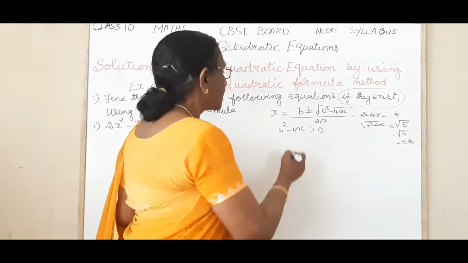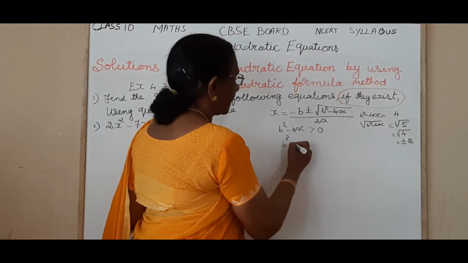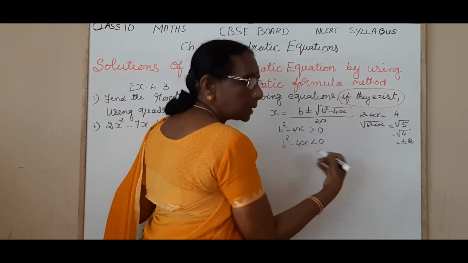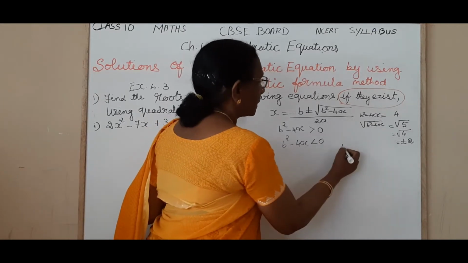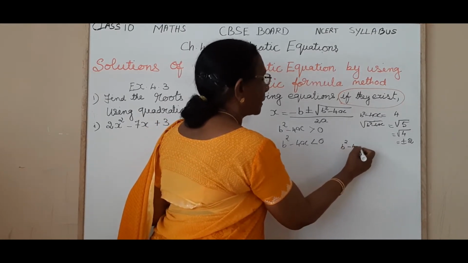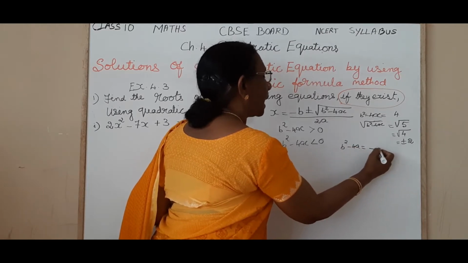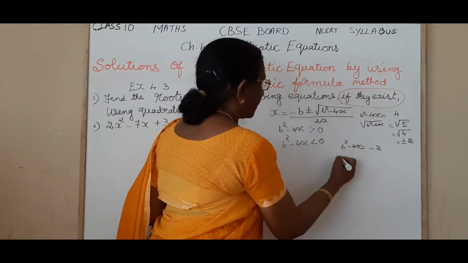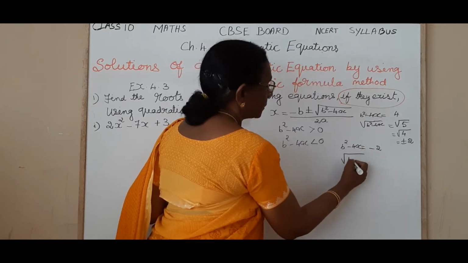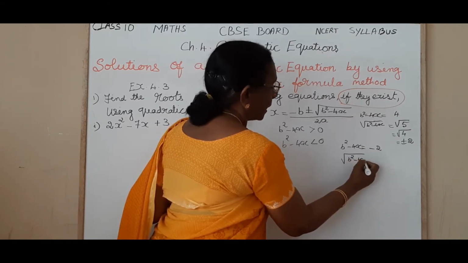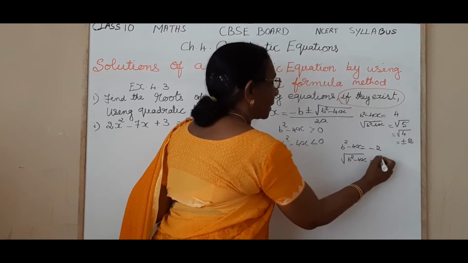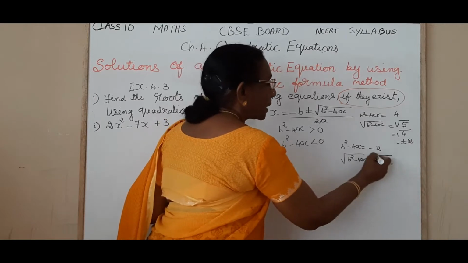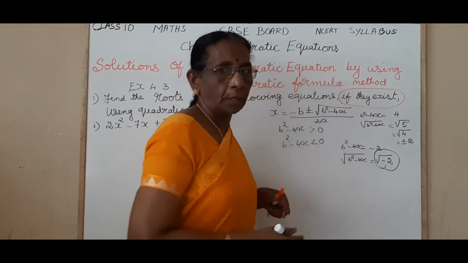And suppose you get b squared minus 4ac less than 0. Less than 0 means a negative value. That is, if b squared minus 4ac is equal to minus 2, then root of b squared minus 4ac will be root of minus 2. This type of number does not exist.